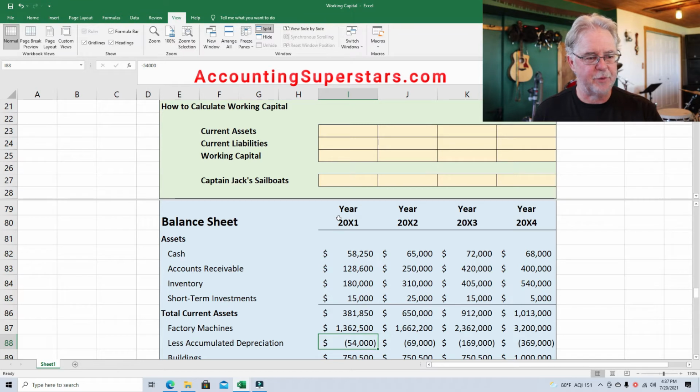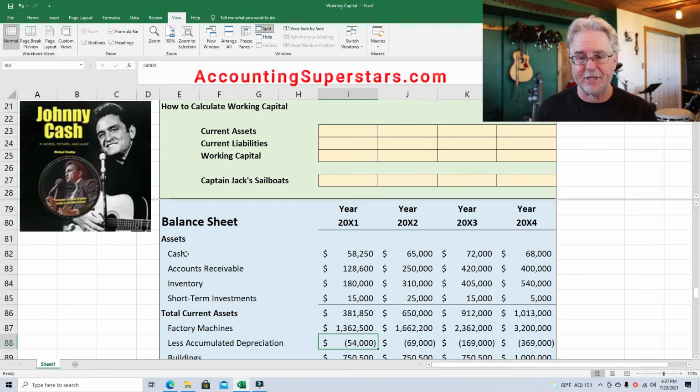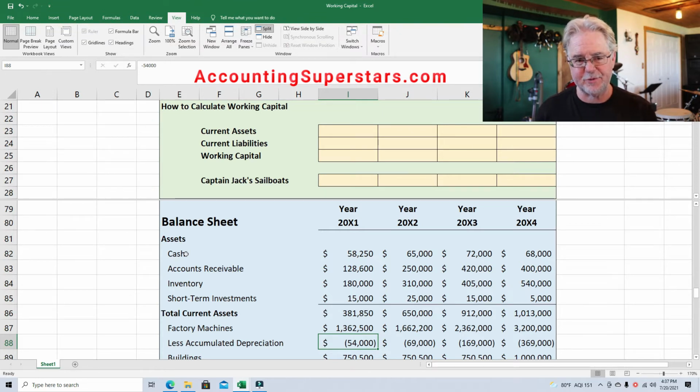So what we'll do is go to the balance sheet, because that is where you find current assets and current liabilities. Current assets are things that are cash or things that you're going to turn into cash within a year. That'd be your inventory and accounts receivable.